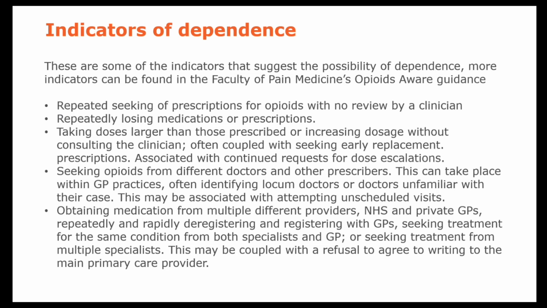Also looking at obtaining medication from multiple different providers, so both NHS and private GPs, repeatedly and rapidly deregistering and registering with GPs, seeking treatment for the same condition from both specialists and GP, or seeking treatment from multiple specialists. And this may be coupled with a refusal to agree to write into the main primary care provider.